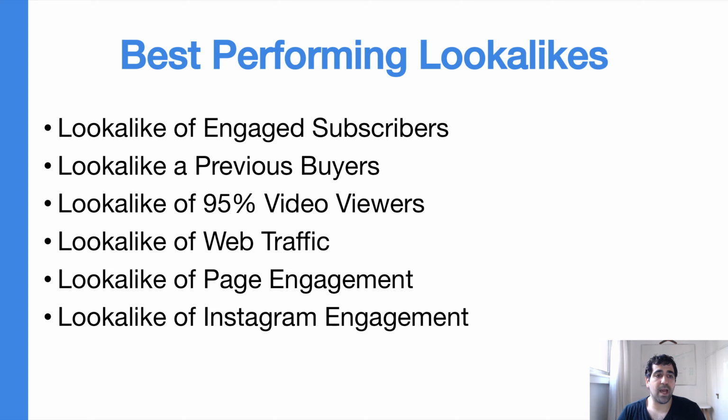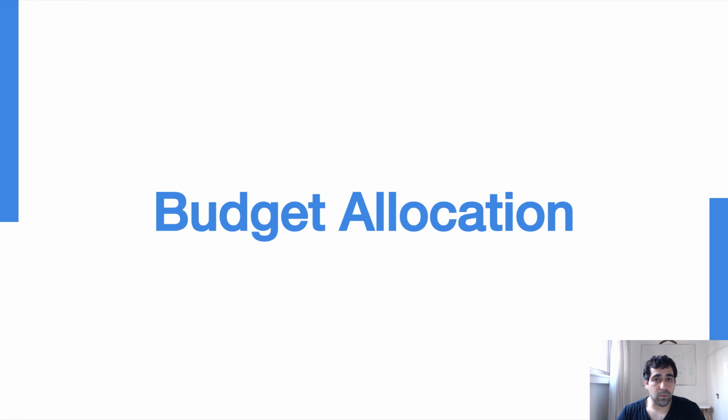For instance, if they are previous buyers, that's gonna be a lot better than people that only check out your Facebook page, right? But you need to test different ones because those audiences are not perfect either. So you need to test several ones, and also you need to test these lookalikes against the set audiences on Facebook so that you can really find what's working best for you.